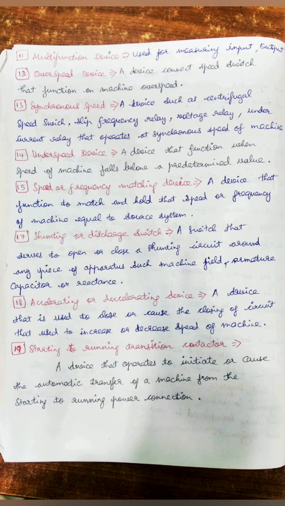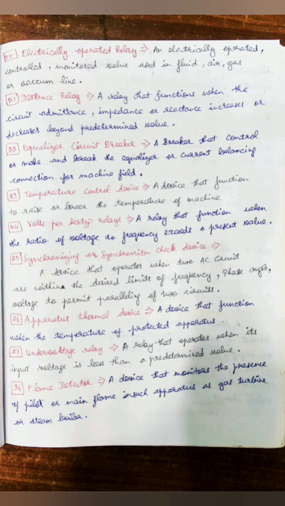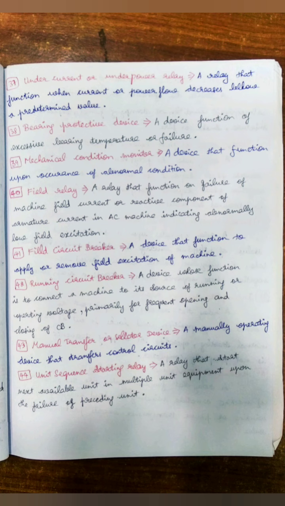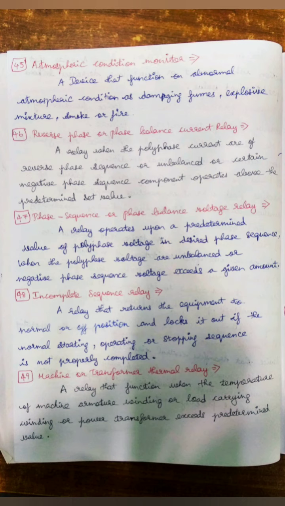Myself Vignesh Anand. In this video, we are going to see the ANSI code, which means the electrical power system device function numbers, synchronous acronyms, and the contact designations. Part 2. In part 1 video, I have explained nearly 49 relay ANSI codes, which means American National Standard Institute codes, which is under IEEE format of class 30 C37.2.